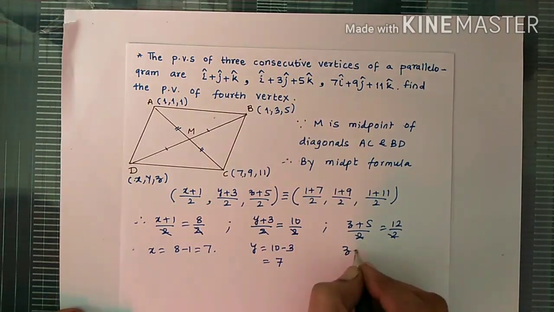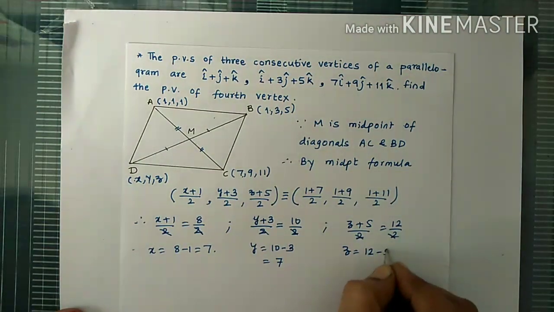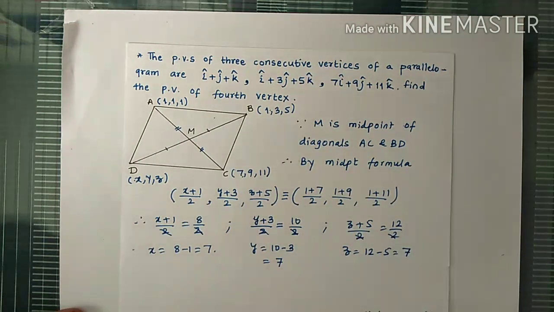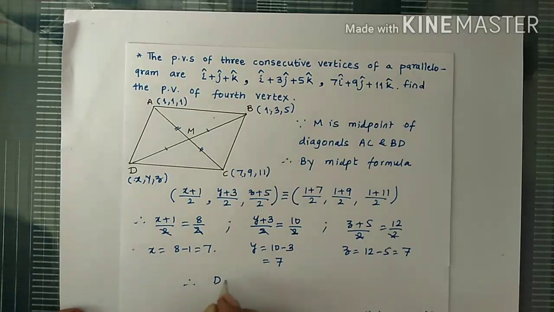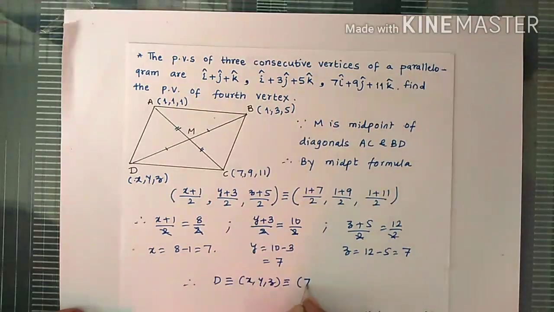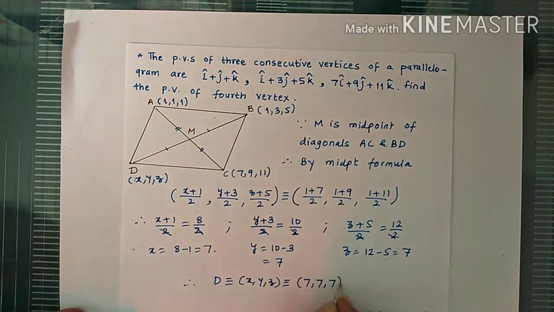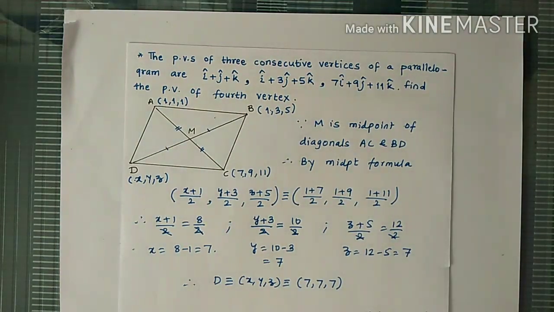Cancelling this 2, z is 12 minus 5, which is 7 again. Therefore, the coordinates of D are x, y, z, that is 7, 7, 7. So, using the property of parallelogram and using midpoint formula, we can find the fourth vertex D.